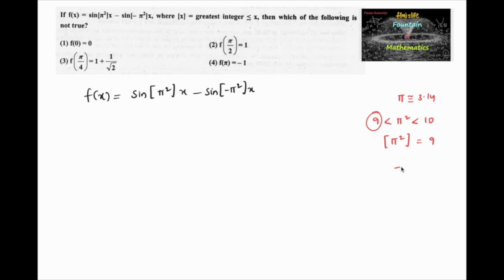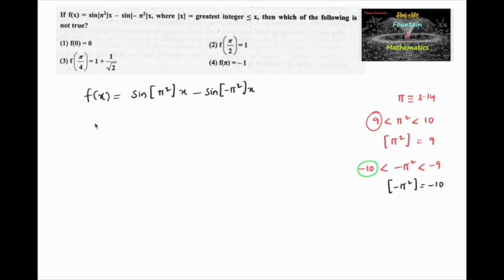And also minus pi squared lies between negative 10 and negative 9, and here we can say that the greatest integer less than minus pi squared will be minus 10. So the greatest integer of negative pi squared is equal to minus 10.